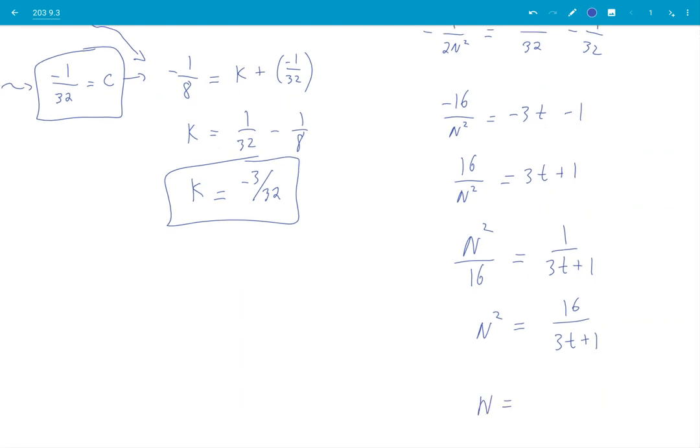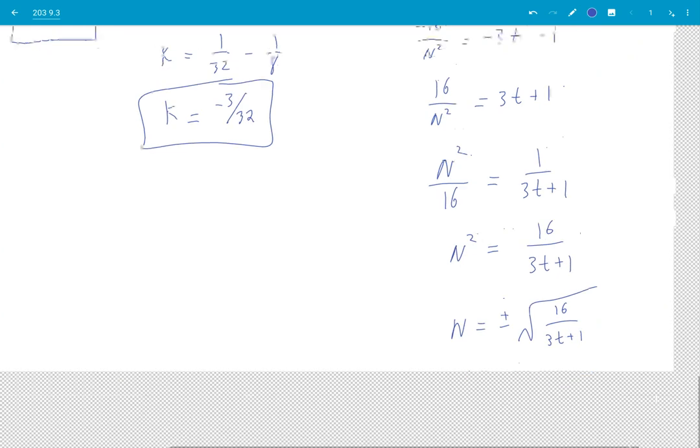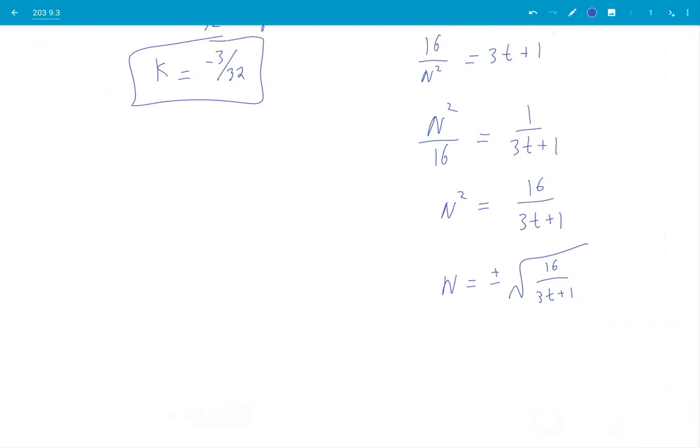Square root both sides. I get n is equal to plus or minus square root of 16 over 3t plus 1. Okay, n is a number of infected computers, so I am going to drop the minus possibility. I can't have negative computers, can I?